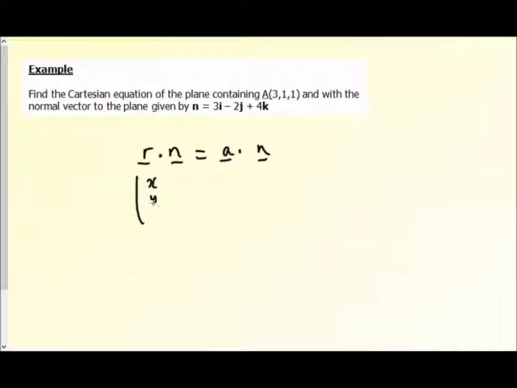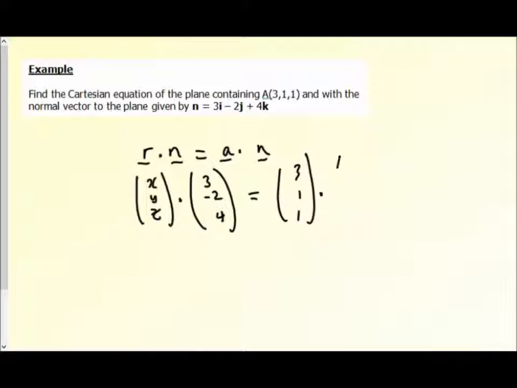So we'll start off with our general point, x, y, z. The normal is 3, minus 2, 4. a is our specific point on the plane, 3, 1, 1, dot 3, minus 2, 4.